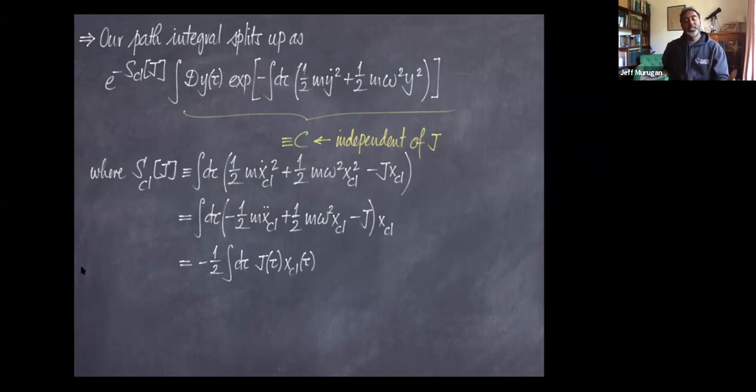Okay, so basically, if we know x classical, then we can work out the derivatives. So what do we use for x classical? I said a little while ago that I'm going to assume that I can solve the classical equations of motion, and if I could solve the classical equations of motion, then I could break up the path integral in that form. So what do we use for the classical equations of motion, for the classical solution?